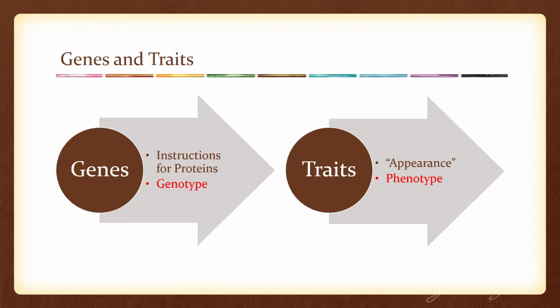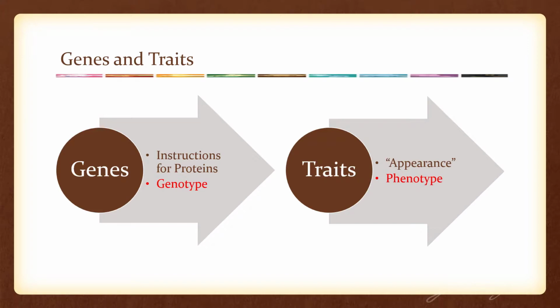There are inverted commas there because it doesn't have to be things on the outside. For example, if a person is allergic to peanuts, you can't tell from the person's appearance or from the outside that the person is allergic to peanuts. But nevertheless, it is still the trait of a person.